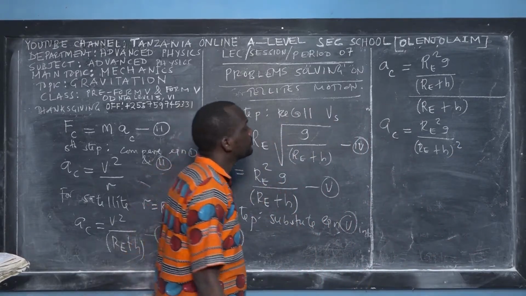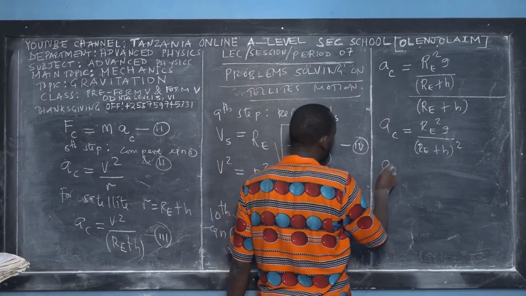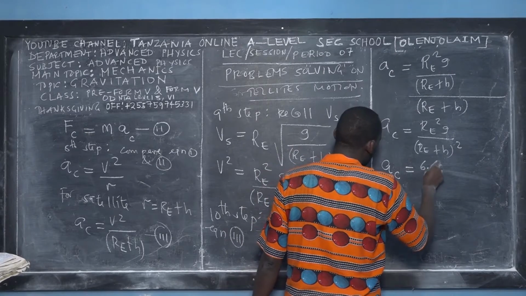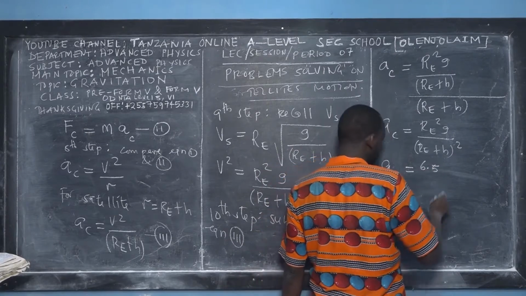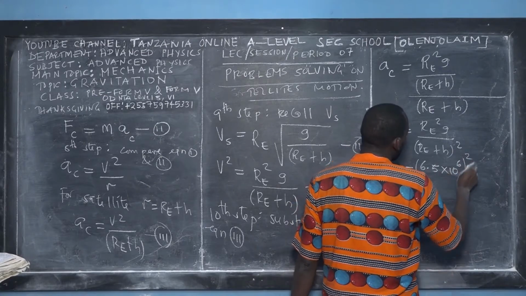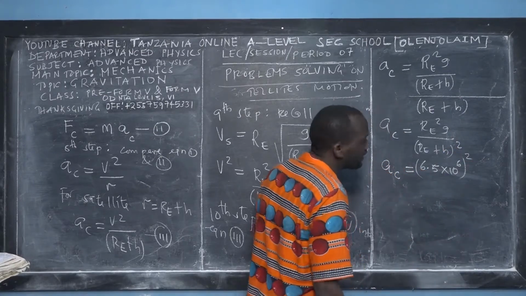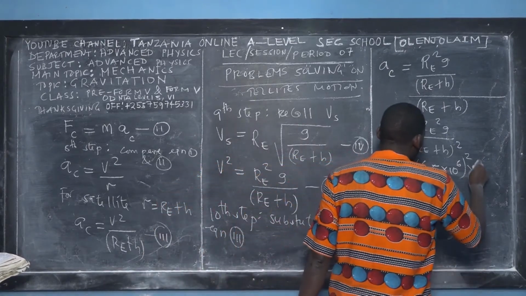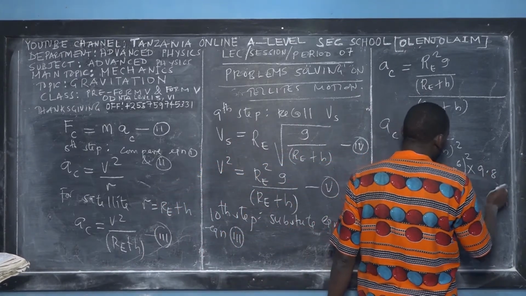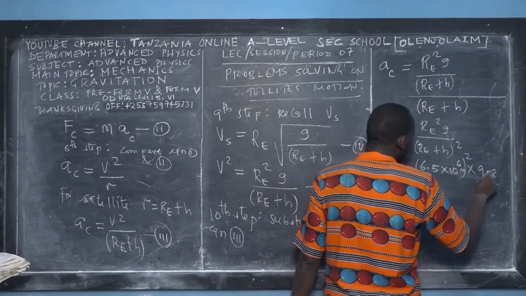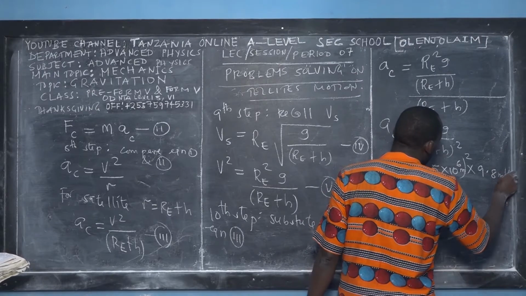Okay? So then this is the formula to determine the centripetal acceleration. Radius of the Earth will be given as 6.5 exponent 6 square. This is acceleration due to gravity on the Earth's surface, not on the satellite. So then we multiply with 9.8 meter per second square. This is meter, so this is meter per second square.